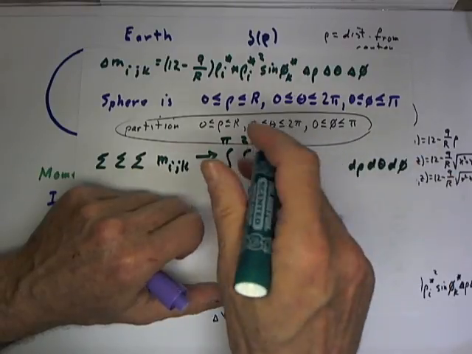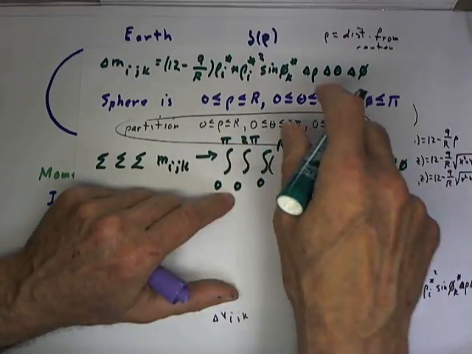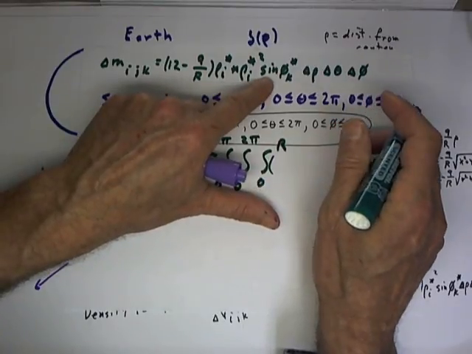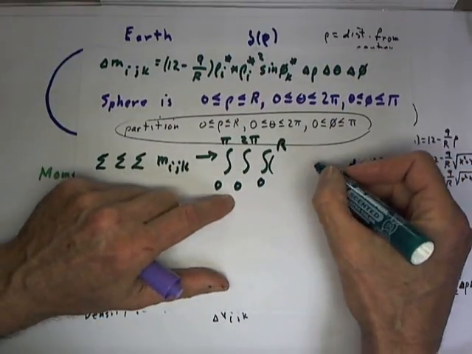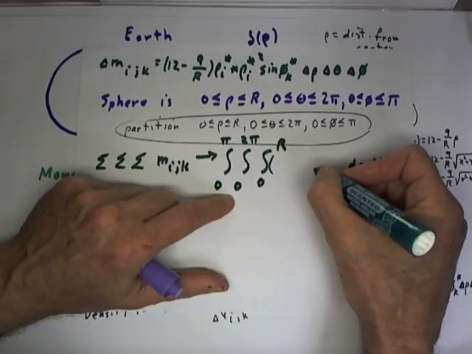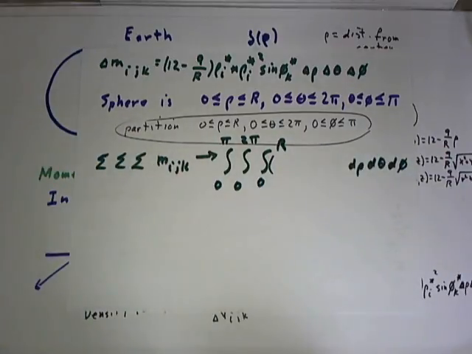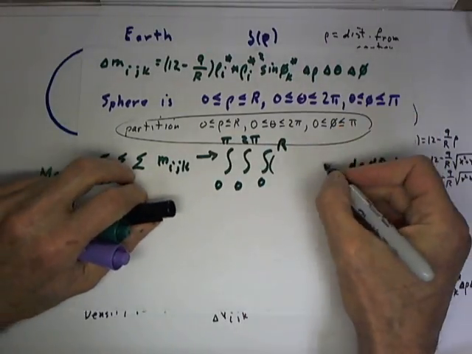The quantity we're going to integrate, well, in the first place we're going to need a rho squared sine phi to complete our volume increment. I'm not going to be able to get that in with a marker, so I'm going to switch to a fine point here.